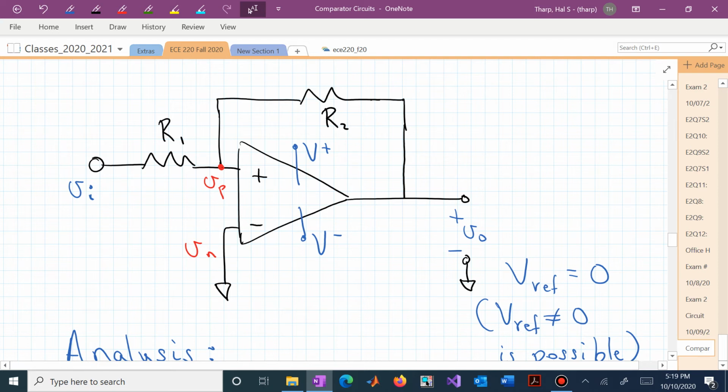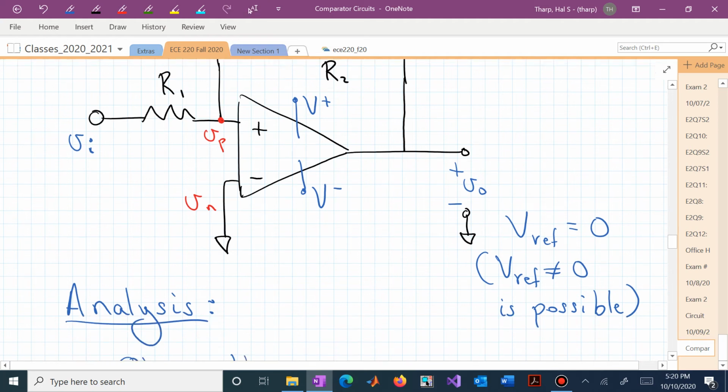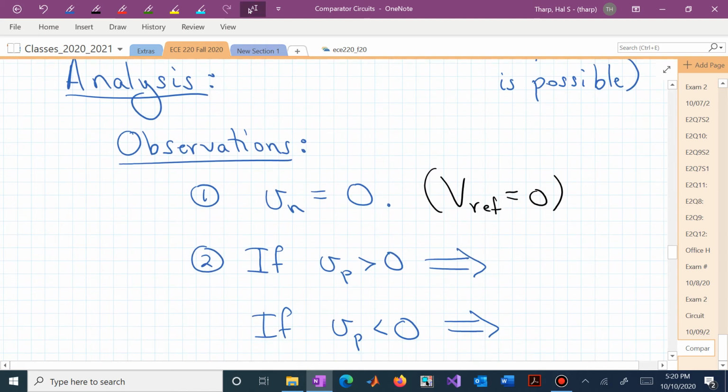So we know that V naught is going to be positive, and we're just going to feed that back. That's going to try to fix V sub p as a positive value. So if V sub p is bigger than 0 in this configuration, then we still know that V naught is going to go to the positive supply rail.